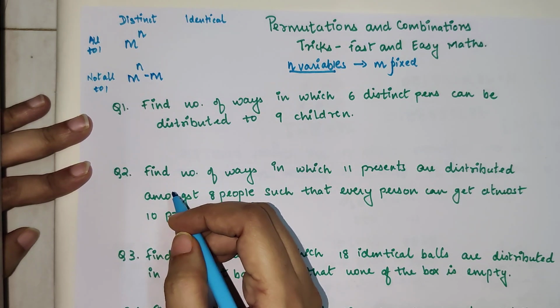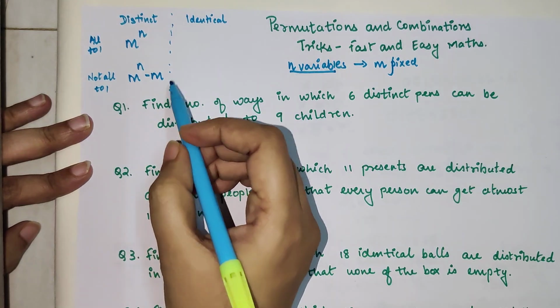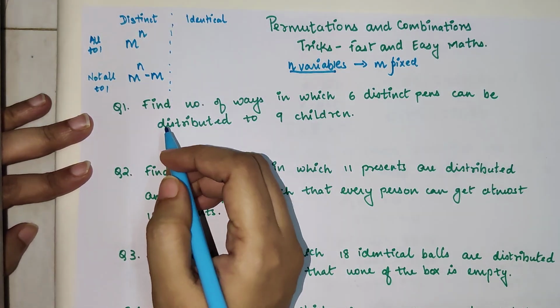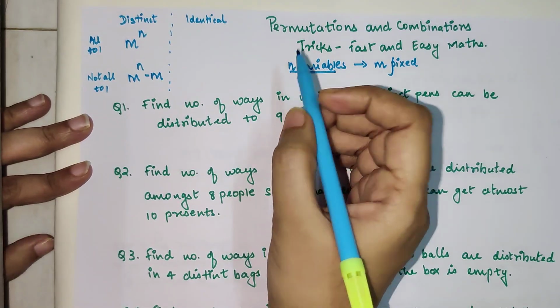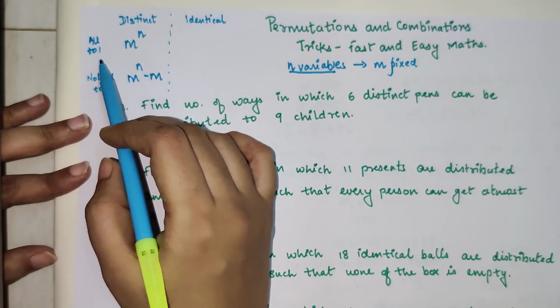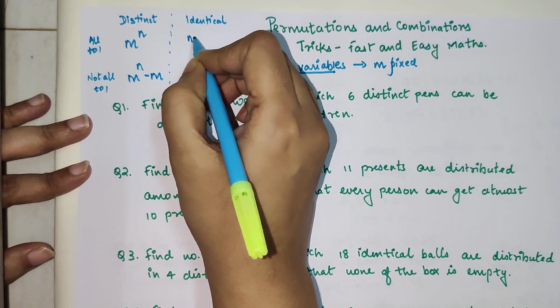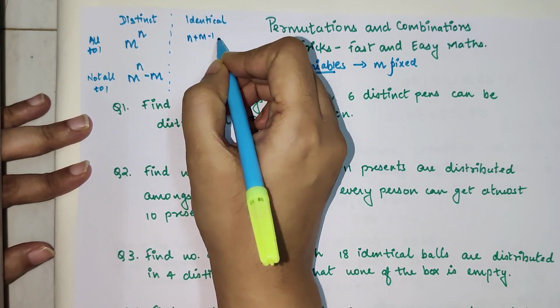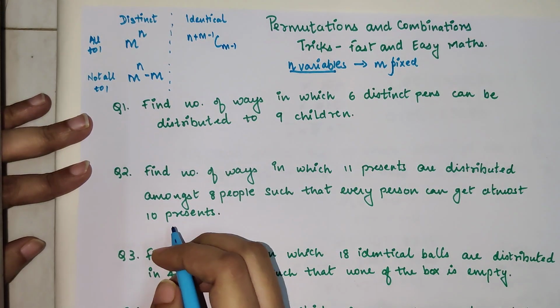Now similarly for identical. If the n variables are identical, and you can distribute all of them to just one, you just have to do n plus m minus 1 C m minus 1.